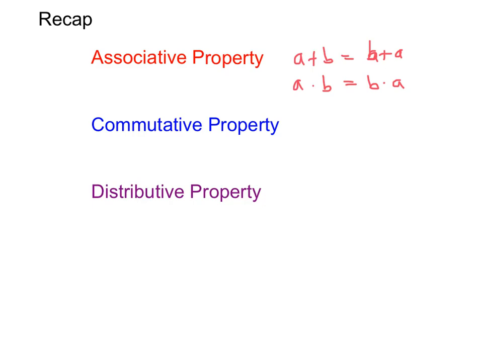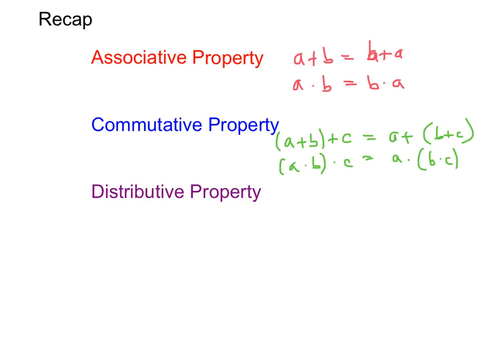Our associative property allows us to change grouping, so we could have a plus b in parentheses plus c is equal to a plus b plus c in parentheses, and that also works for multiplication. So a times b in parentheses times c is the same thing as a times b times c in parentheses.